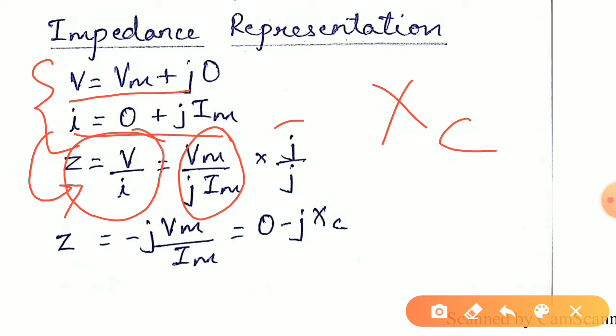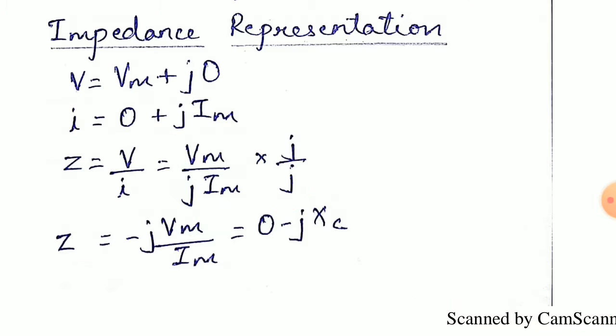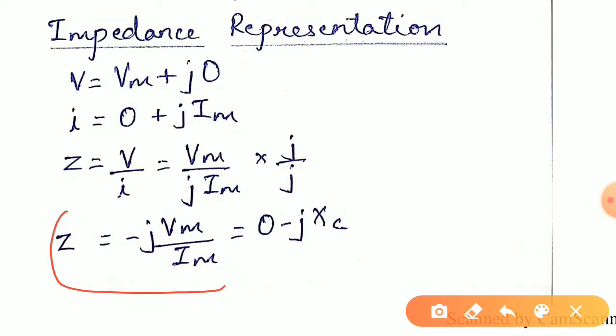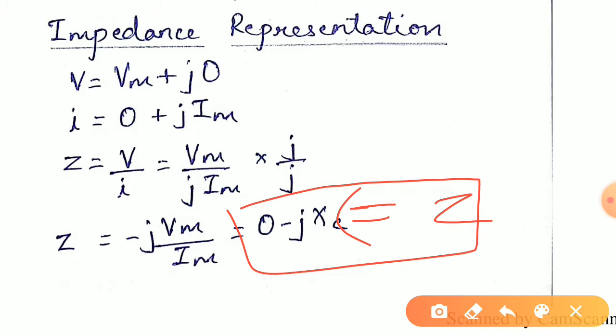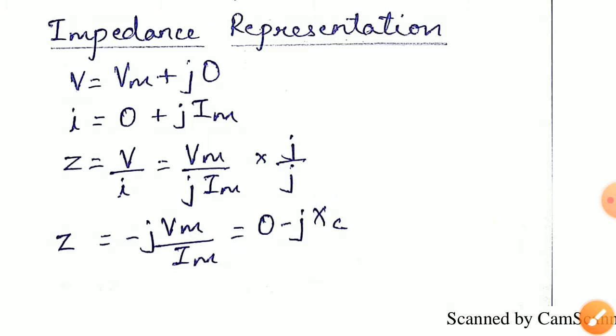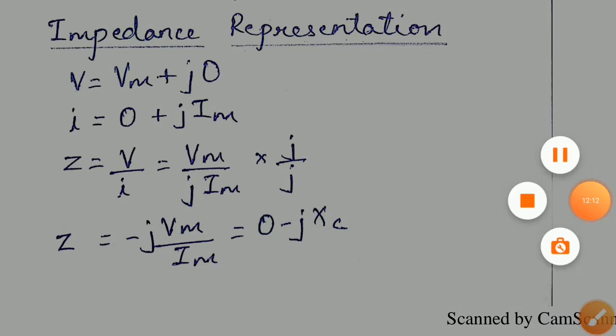Multiplying and dividing the equation with the j operator, we get Z equal to minus j Vm by Im. This Vm by Im is replaced by XC. As a result, we get Z equal to 0 minus jXC. This is the equation for impedance representation in a pure capacitor circuit.